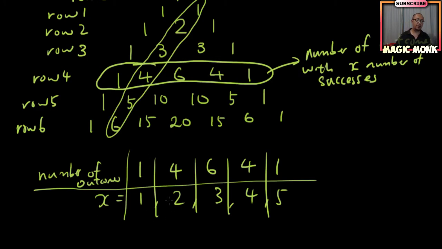When X is 2, there are 4 outcomes. When X is 3, there are 6 outcomes. Actually, I think I just did that wrong, because X should be 0, 1, 2, 3, 4. Because we only have 4 trials.